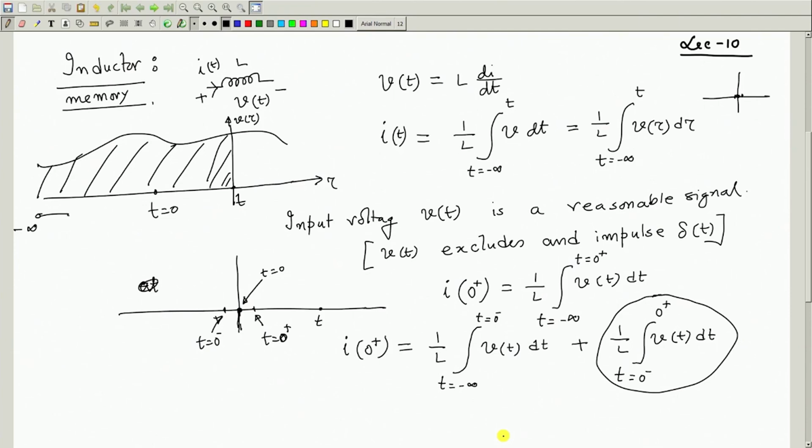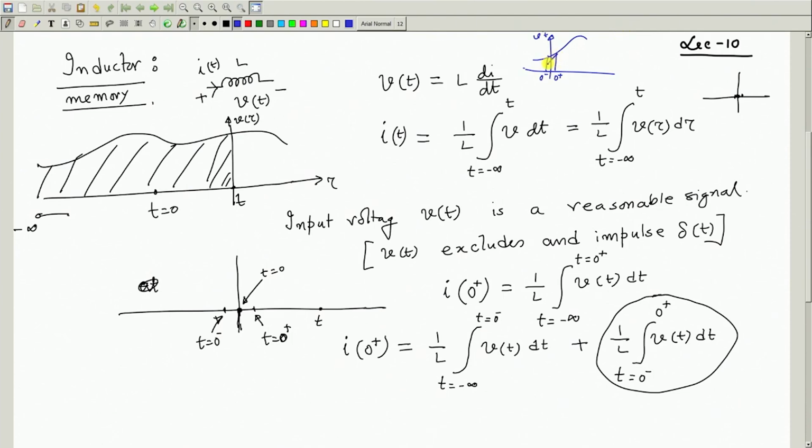Why? Because suppose v t is like this. Then I am trying to integrate this v t in the interval 0 minus to 0 plus, and these are as small as possible in the calculus sense.